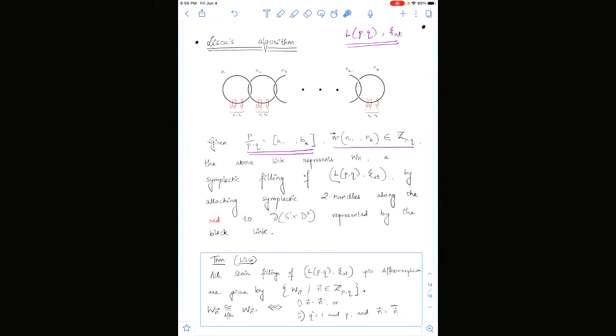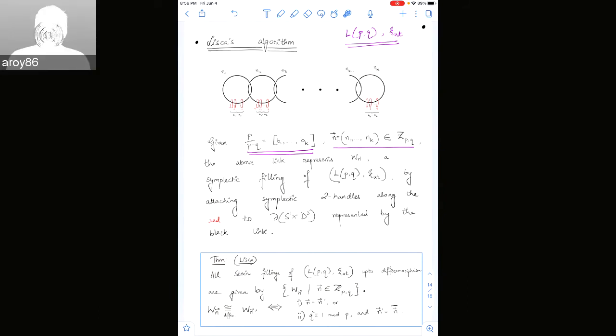Liska's theorem is essentially saying that all Stein fillings of the universally tight L(P,Q), up to diffeomorphism, are given by such constructions. You get a unique filling for each such null sequence, and other than this particular condition on P and Q, each null sequence gives you a different symplectic filling.